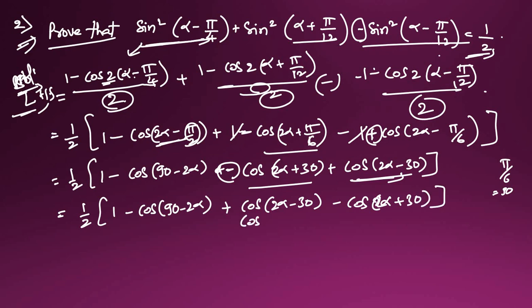This is cos a minus b minus cos a plus b, is equal to what we can write, 2 sin a sin b, this is the formula we have to use here.